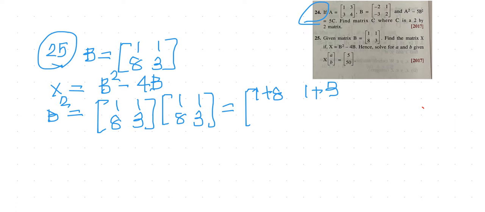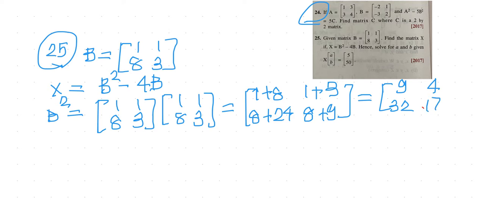And then in the next line, you are getting 8 into 1 plus 3 into 8. So 8 into 1 is 8 plus 3 into 8 is 24. And then here you have 8 into 1 as 8 plus 3 into 3 as 9. So how much is this equal to? This is equal to [9, 4; 32, 17].